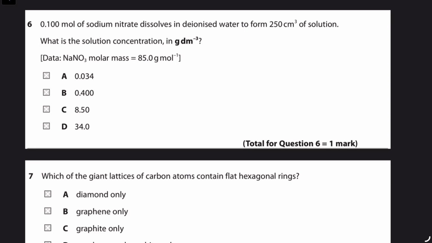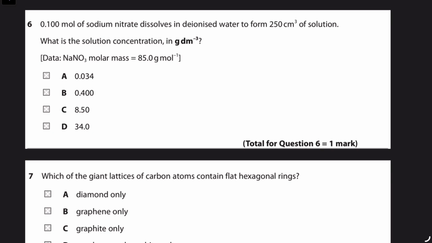Question number 6. 0.1 moles of sodium nitrate dissolves in deionized water to form 250 cubic centimeters of solution. What is the solution concentration in grams per cubic decimeter? They have given the molar mass of sodium nitrate, so we have to calculate the mass concentration.